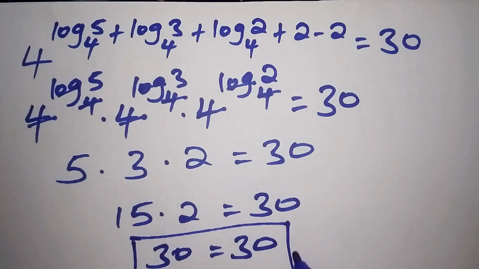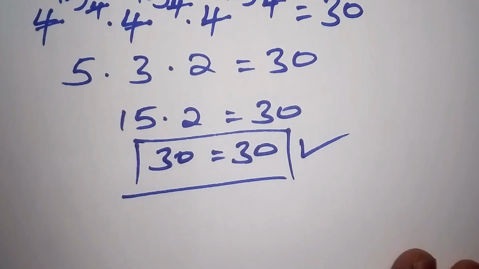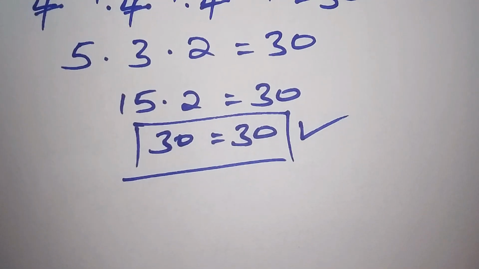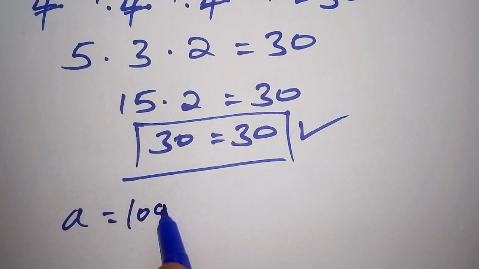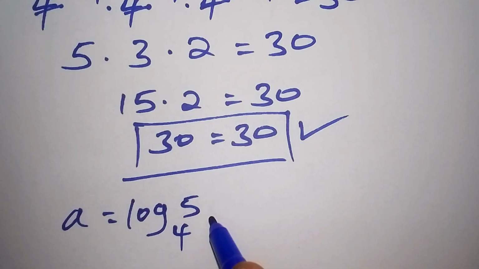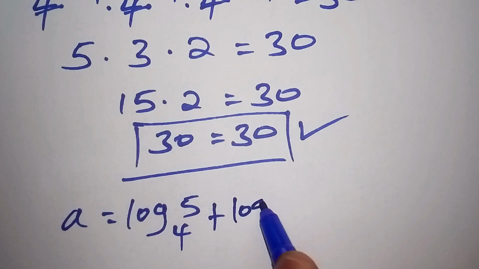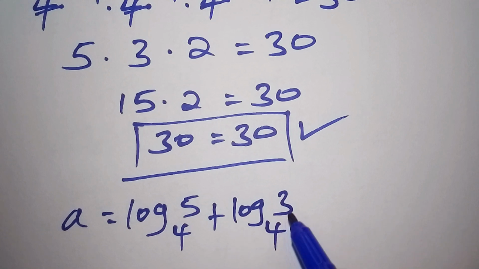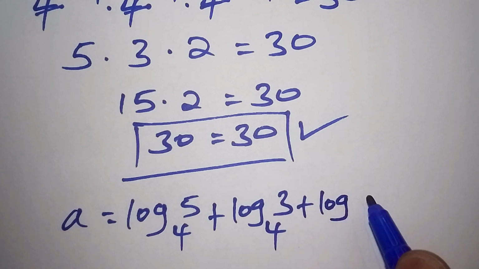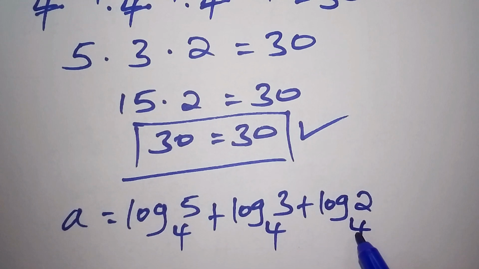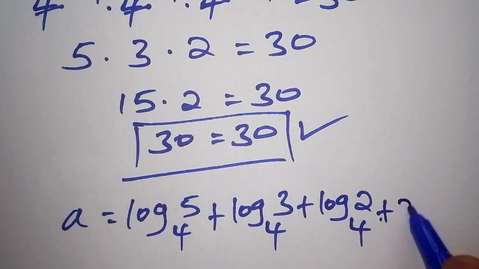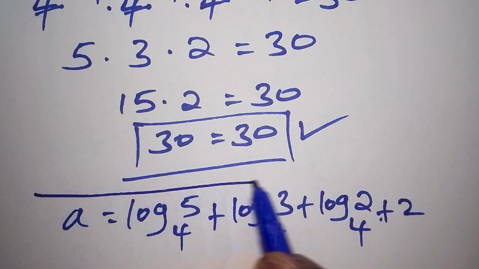So our answer is correct when we agree and say that the correct value for A is equal to the log of 5 to the base of 4, plus the log of 3 to the base of 4, plus the log of 2 to the base of 4, plus 2. So this qualifies to be our correct answer.